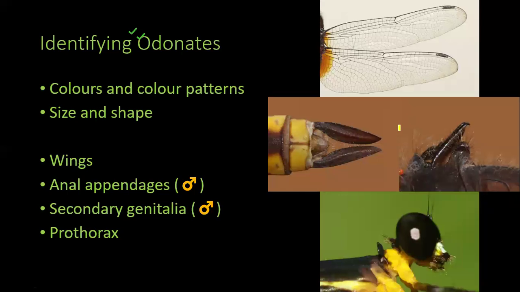And also size and shape is very important, because if you are familiar with the birding concept, we have a concept called GISS, general impression of size and shape, which we always use when we make identification. That is true for these animals as well. That's true for dragonflies as well. The general impression of their shape and size is a key character that helps in the identification game.